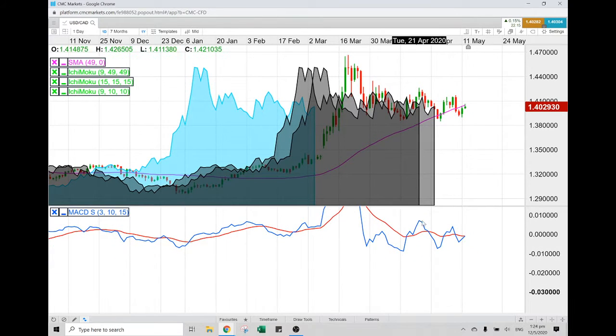So there's one high here, became a lower high, and then are we expecting another lower high here? So while picture favors buying, longing the market, we might want to be careful of the lower highs, but yet at the same time it's at higher lows.